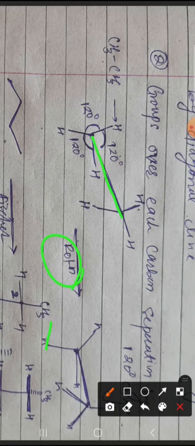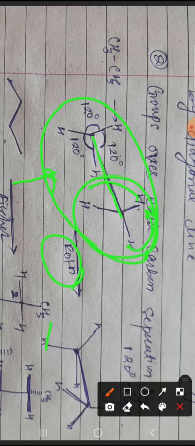If I provide some energy to this molecule, it will rotate. This bond will rotate, and this hydrogen shifts here, this hydrogen shifts here, this hydrogen shifts here. We do not rotate both carbons.